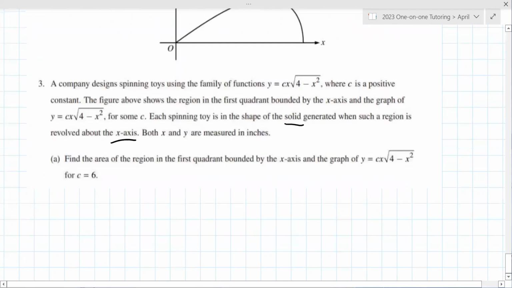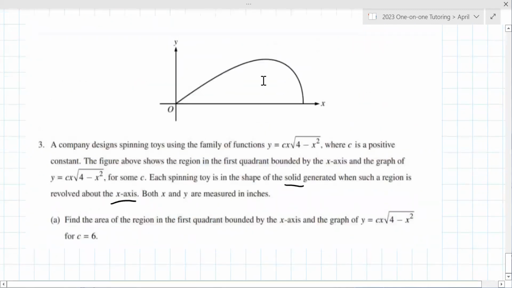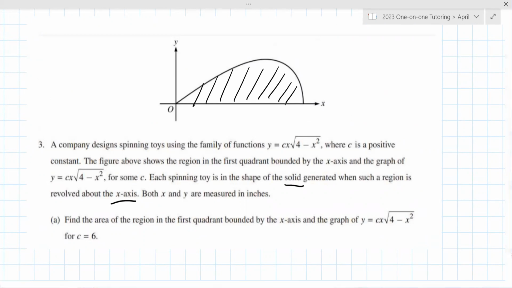So this problem is asking you to find just the area of this piece right here. Here's what you don't know: the value where it hits, but maybe you can figure it out. Normally you need an a to a b.